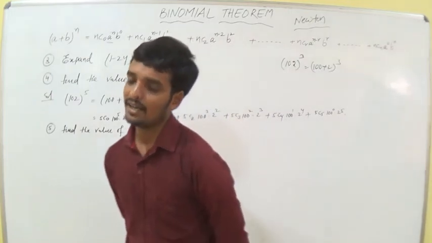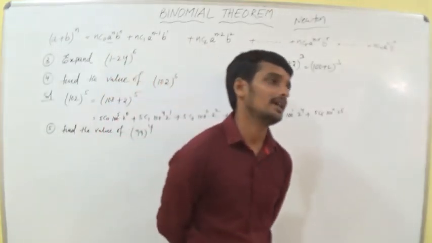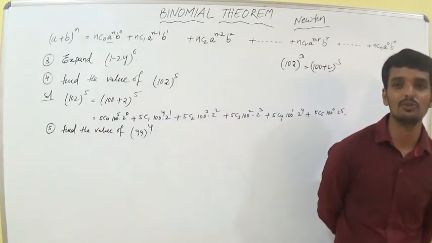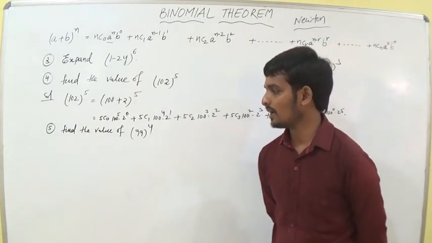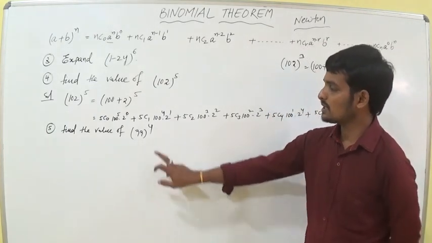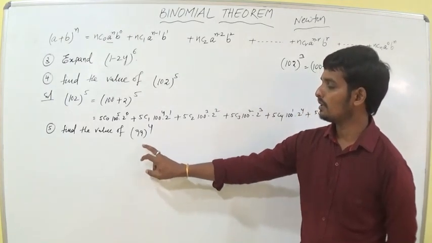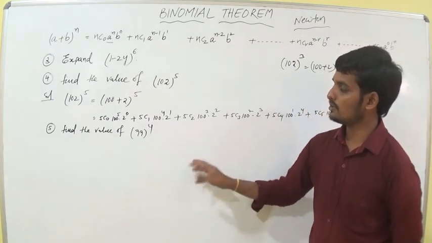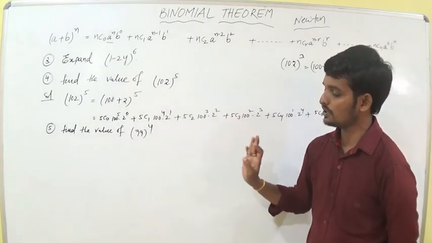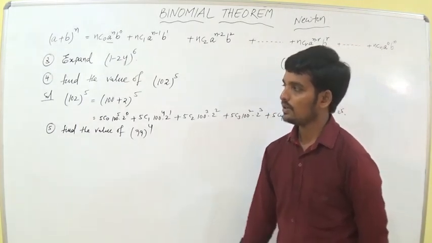What is a? 100. What is b? Minus 1. Which formula do I have to use? a plus b whole power n. So we can use 4C0 100 power 4 into minus 1 power 0, plus 4C1, 4C2, 4C3, 4C4. You will get the answer for this problem.